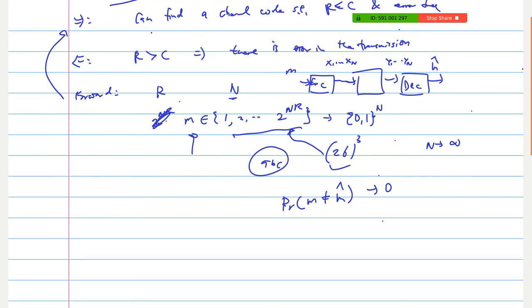And so the random coding argument is like, I'm just generating a randomized codebook.